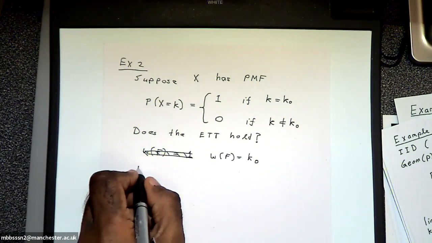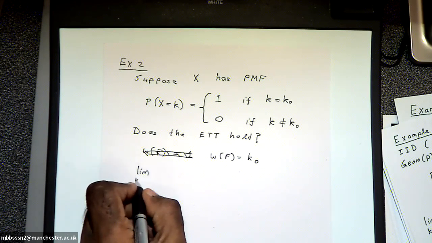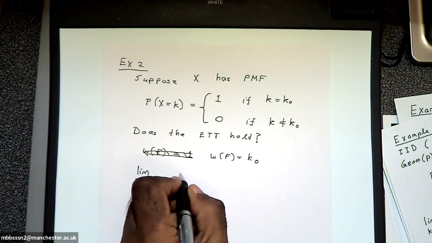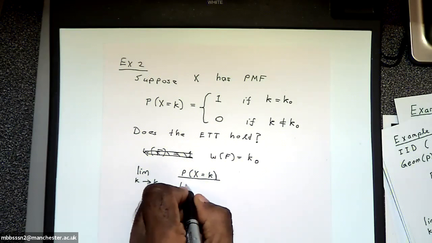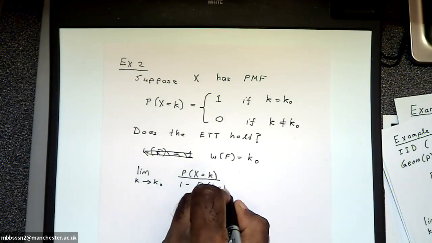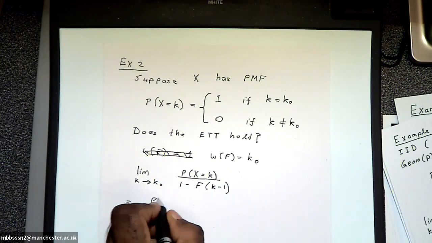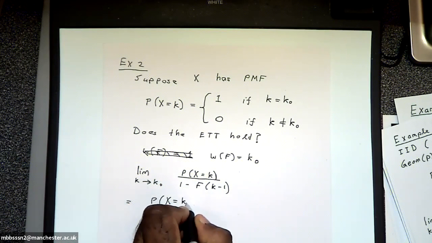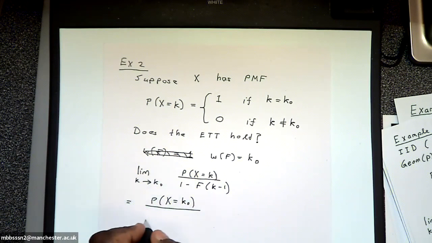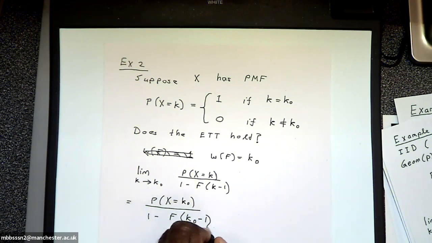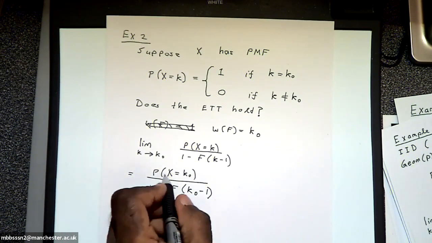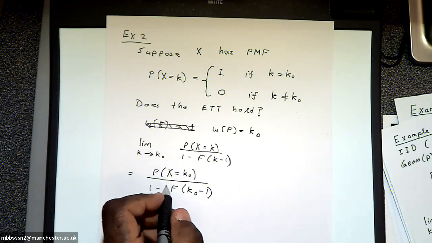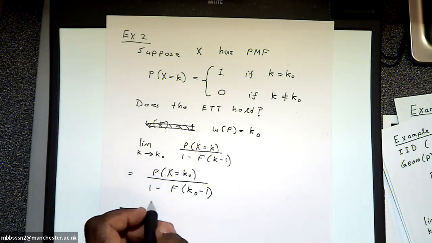So this is going to be the limit. This is going to be the probability that x equal to K0. And the probability that x equal to K0 is 1, right?